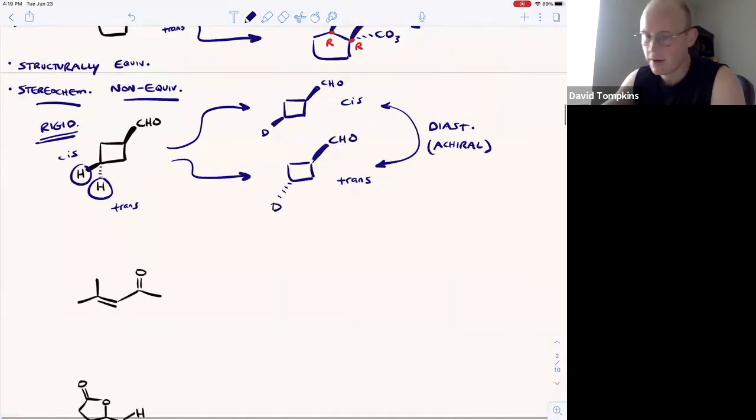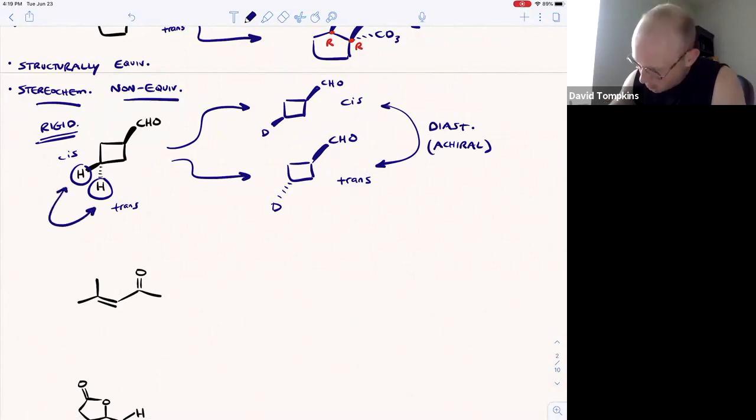So these are achiral diastereomers that are geometric isomers. However, the protons are still diastereotopic. One of them sees the aldehyde and one of them does not. They are both 1, 2 carbons away from this aldehyde, the same distance. There's simply a cis-trans distinction.